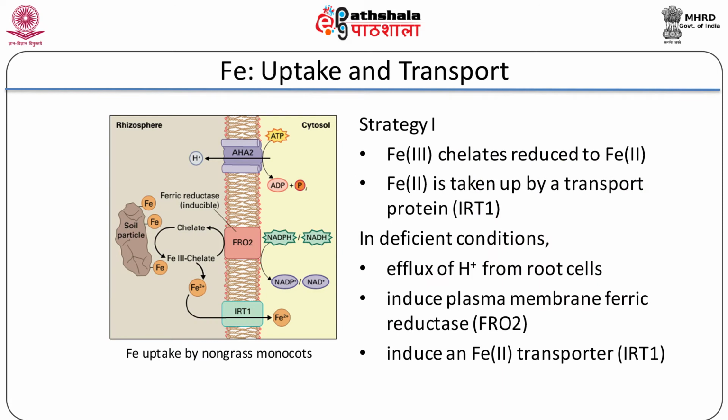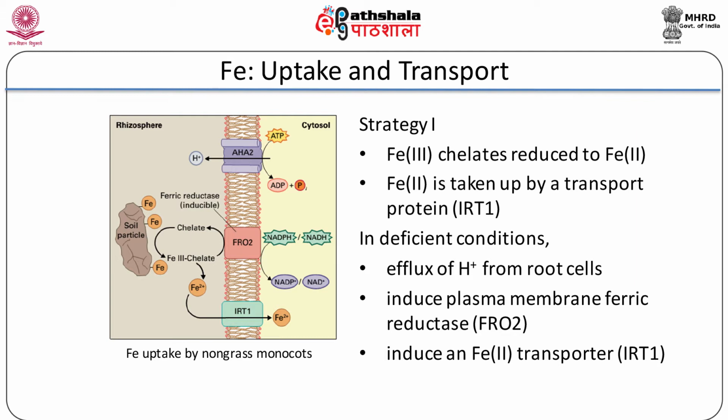Plasma membrane localized components include a plasma membrane H+ATPase that acidifies the rhizosphere and increases iron solubility. In Arabidopsis, the gene AHA2 codes for H+ATPase. Reduction of iron at the root surface is controlled by NADPH dependent ferric reductase FRO2.